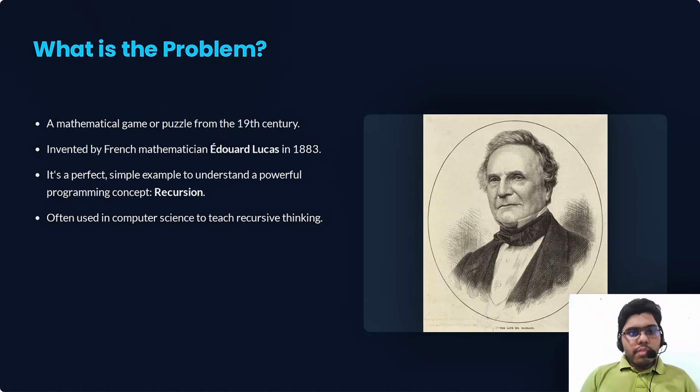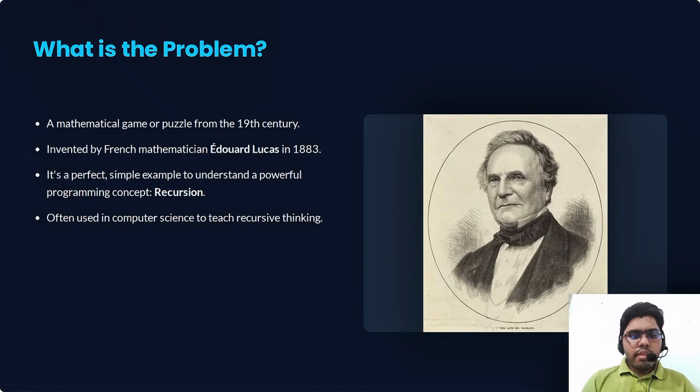What is the problem? The Tower of Hanoi isn't some new coding challenge. It is a mathematical puzzle from the 19th century, invented by the French mathematician Edouard Lucas in 1883. But computer scientists absolutely love it.